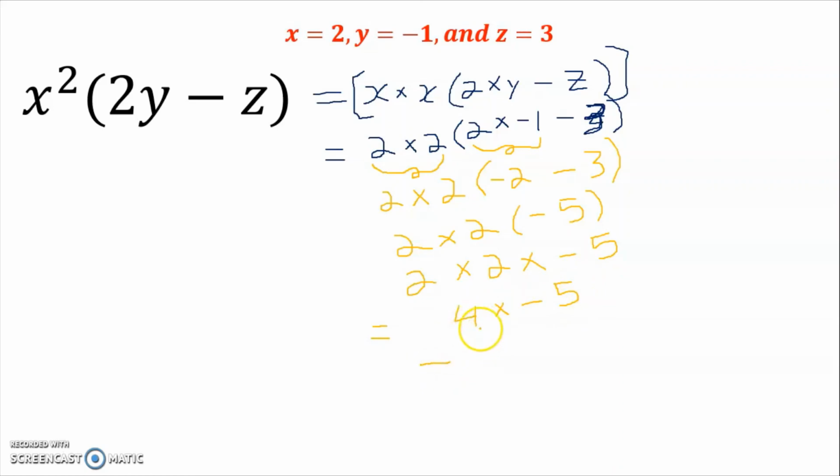And 4 times 5 is 20, so we get -20 as the value of this expression up here when x equals 2, y equals -1, and z equals +3. So that's our answer here.